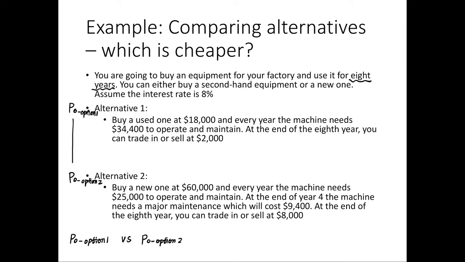P0 option 1 versus P0 option 2, which one is less negative? That's going to be your better choice because you're going to pay less if you go with that option. Make sense?